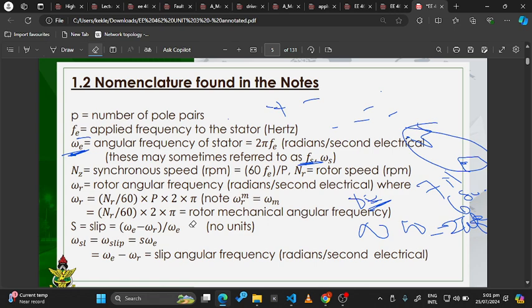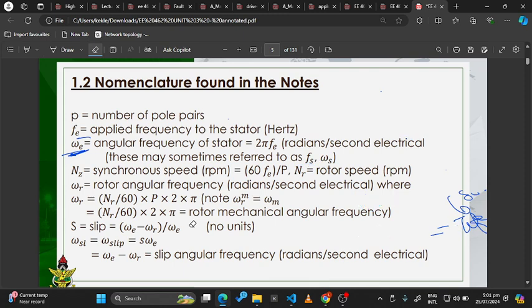Let me use the opportunity to explain synchronous speed. Some of us don't know what synchronous speed is.